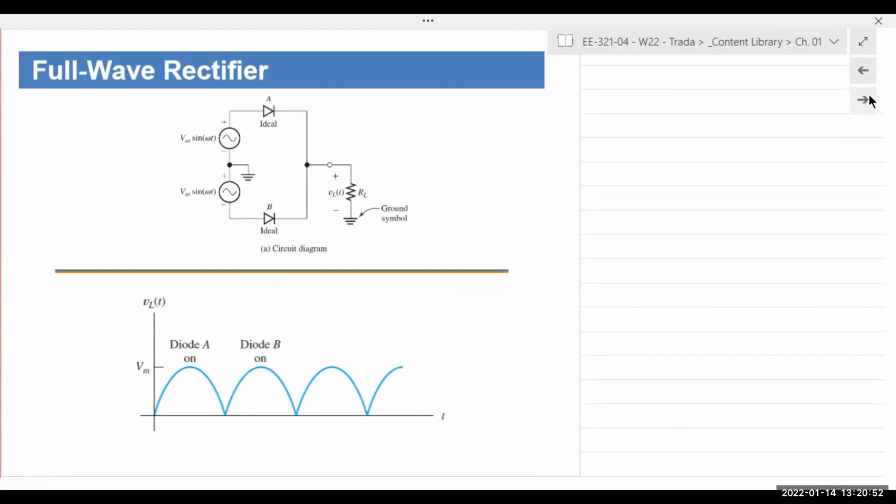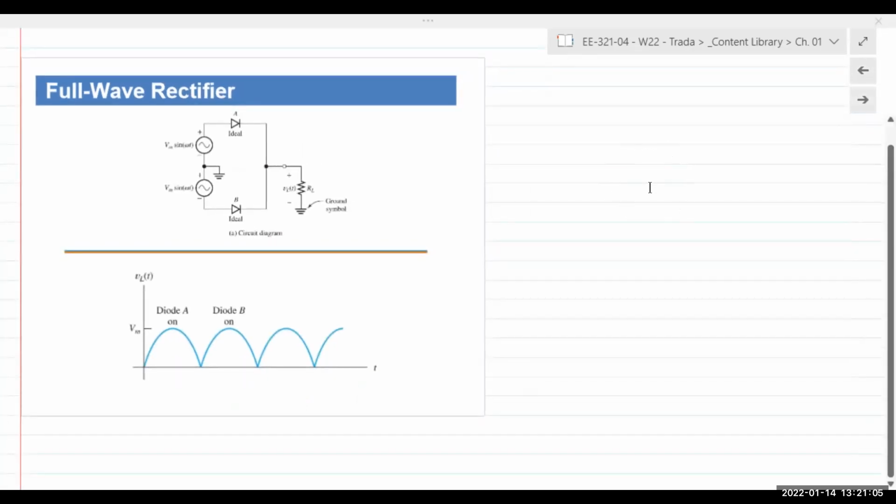Here you can see there are two voltage sources, right? So early on, when they were working with transformers, they would have something known as a center tap transformer.